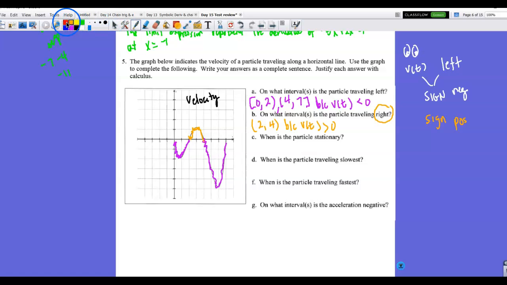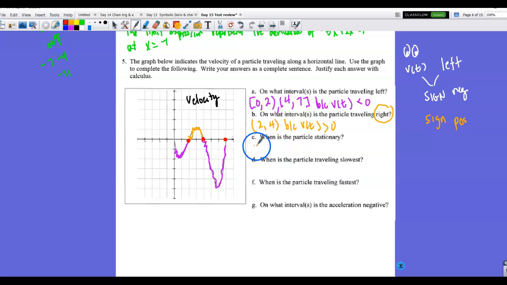Letter C, particle stationary. Remember we talked a little bit ago, stationary indicates velocity is 0. And let me erase a little bit here. I can't tell if the graph is hitting 0 at 0 or not. I don't think so, and I think it is at 7. So 2, 3, 4, 5, 6, 7.